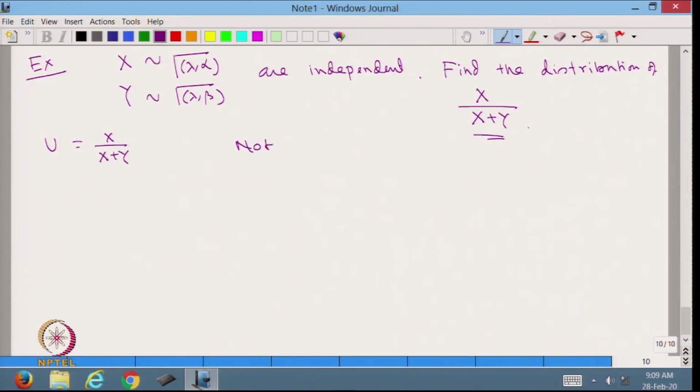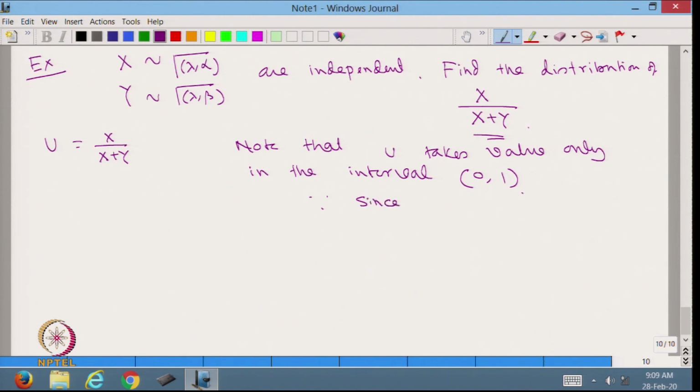Note that u takes value only in the interval zero to 1, because since x and y are both positive, x is always less than or equal to x plus y.